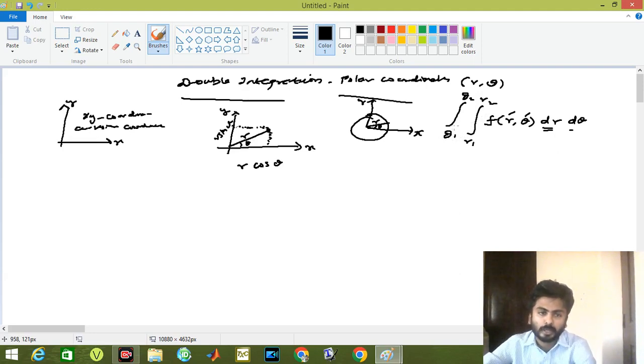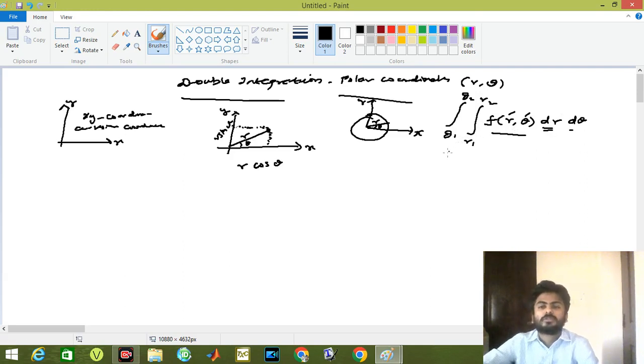So you have to write this. Under polar coordinates we are going to integrate f of r comma theta with respect to r and then with respect to theta. With respect to r the limits exist between r1 to r2, and theta between theta 1 to theta 2.